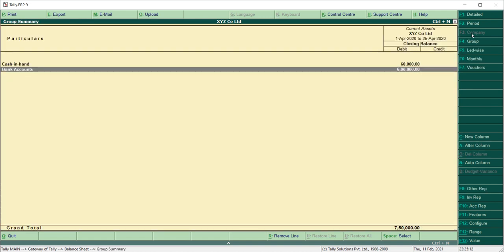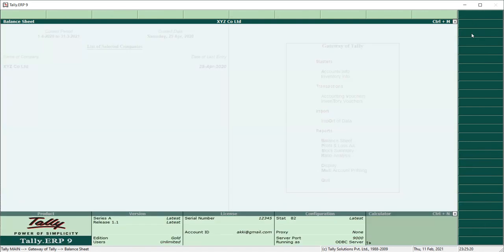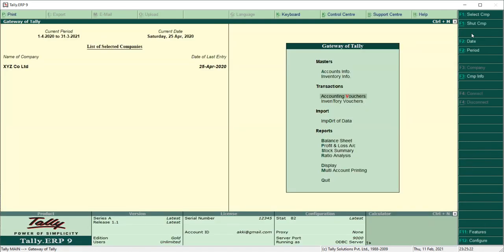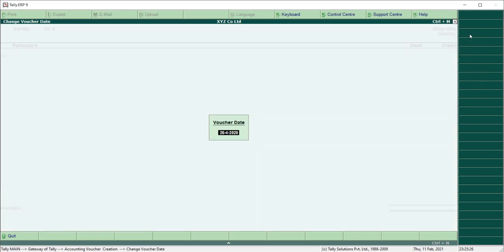Now SBI has 1,90,000, PNB has 5 lakhs. Accounting voucher, change the date, 27/4/2020.